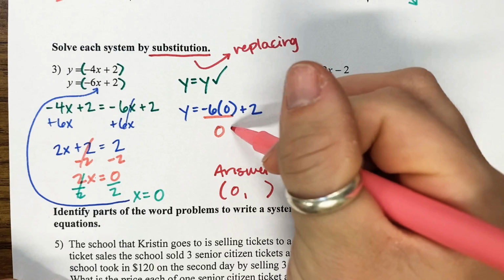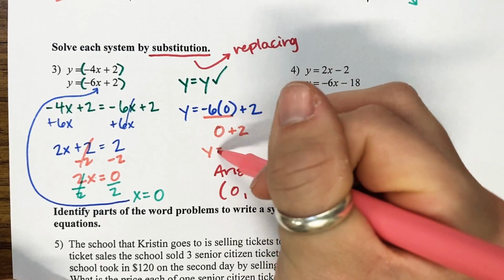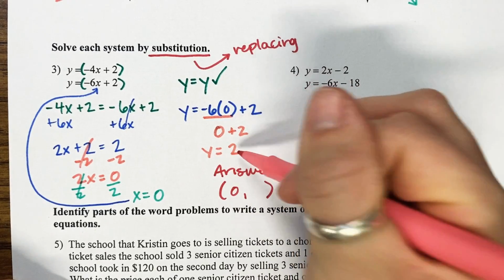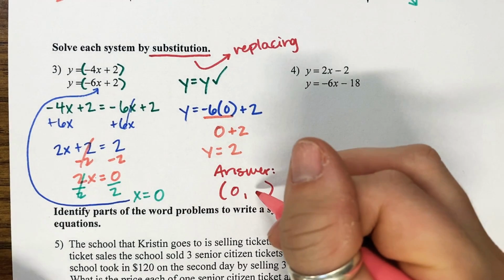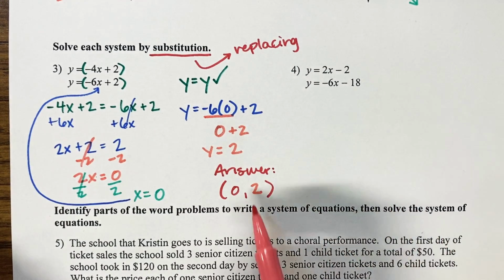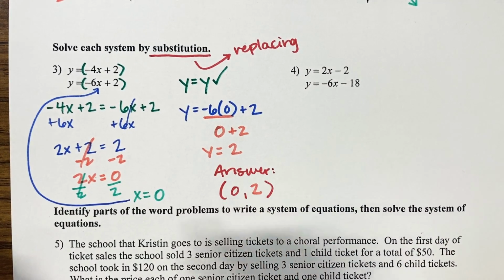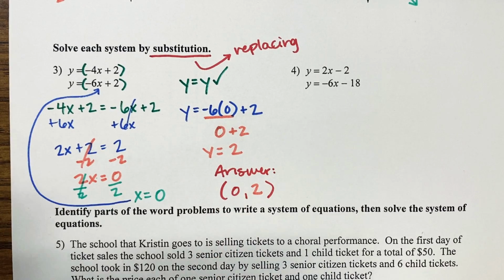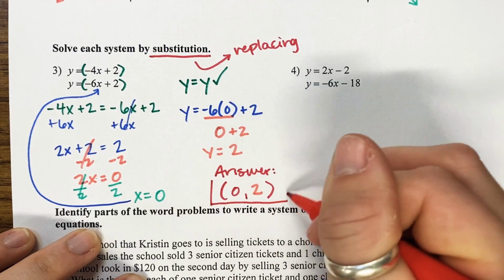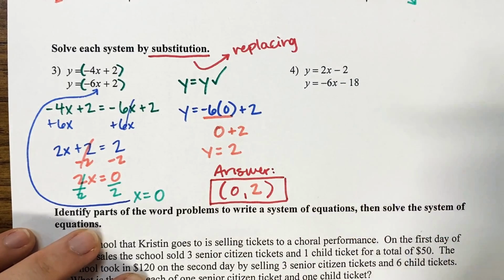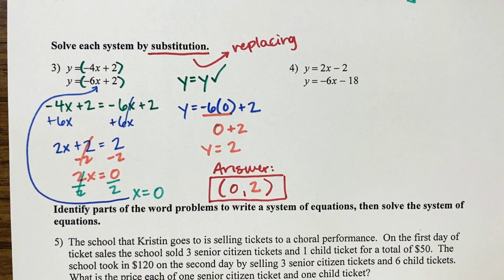Okay, and what is 0 plus 2? What am I going to get for my y? Y equals 2. Okay, so we found that the y part of our answer is 2. Okay, so our final answer is parentheses 0, comma 2. And there's our final answer.